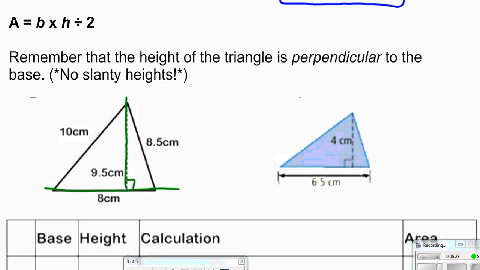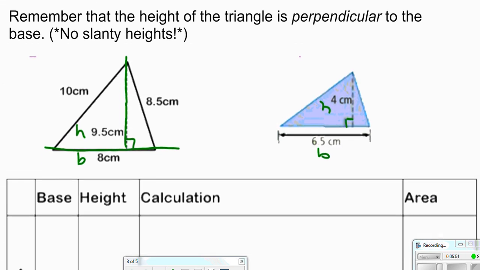They meet like two straight lines crossing each other. Neither of them is slanted. And so we have a base of 8 centimeters and we have a height of 9.5 centimeters. If we look at the second triangle, again, the 90-degree angle is actually already drawn in there for us. And so the base is 6.5 centimeters and the height is 4 centimeters.